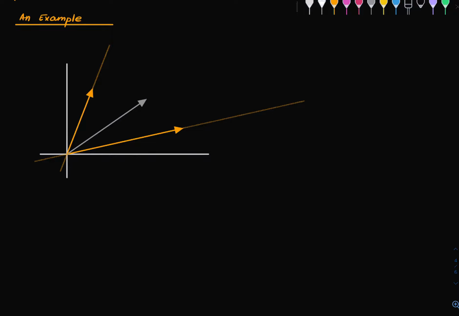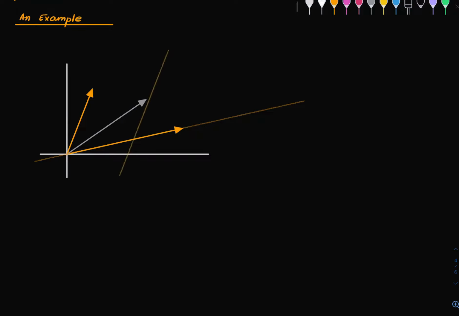Okay, so how do we see that this is linearly dependent? First of all, we will express this vector as a linear combination of the remaining 2. And that is very easy. Basically, we will draw a line passing through this vector parallel to this one, and a line passing through, again, this vector parallel to this other one.